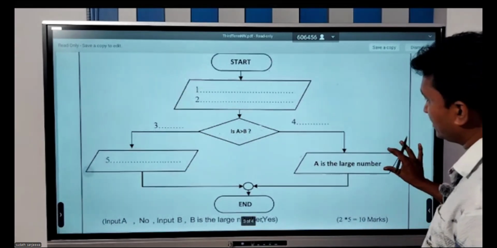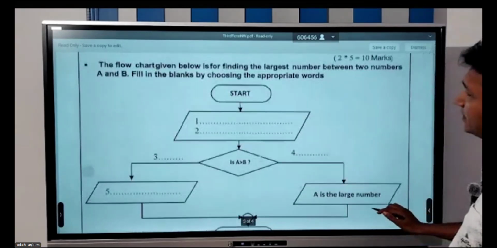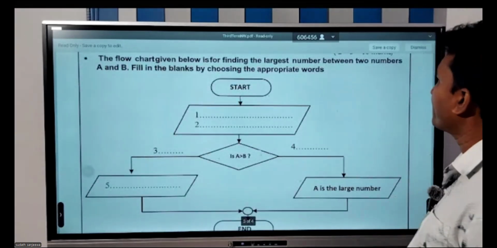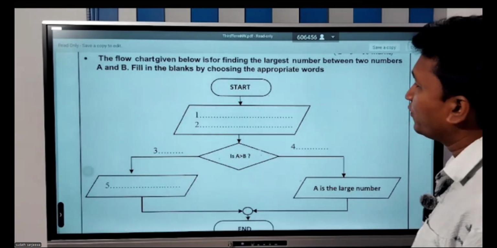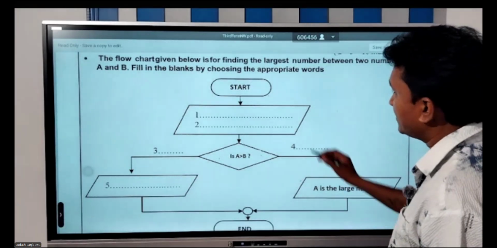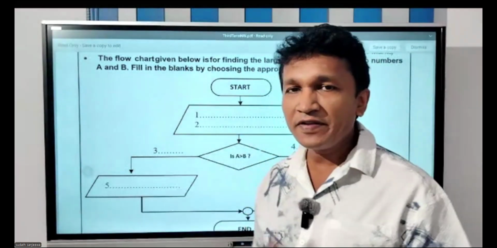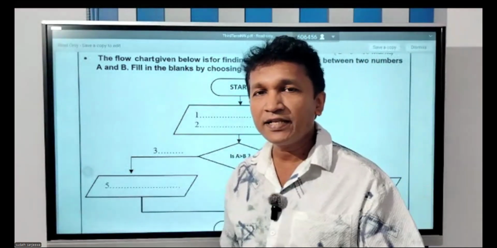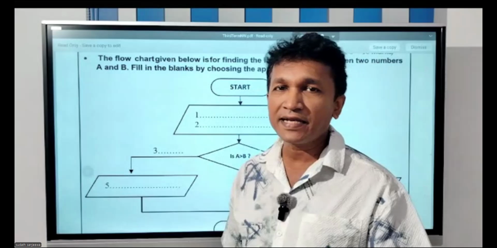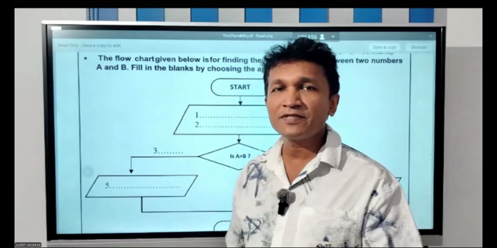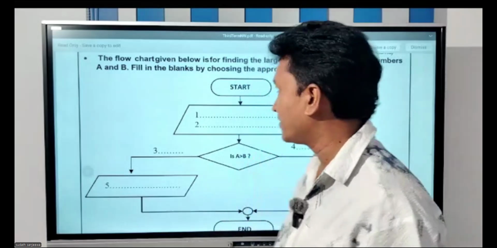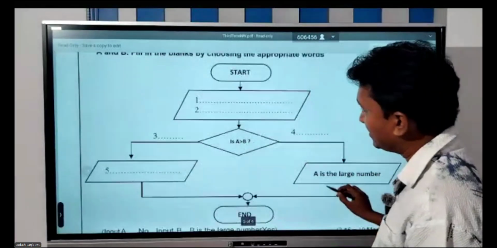So we are going to find the largest number between two numbers. It should input two numbers, and between those two numbers, we have to find the largest one. So what should be first?